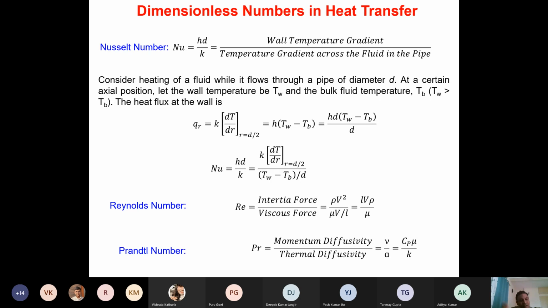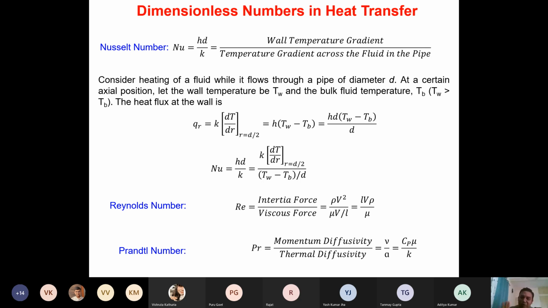If I'm looking at some other system, there probably I will get some different number. If I'm looking at, let's say, the flow of a liquid metal, heat transfer by a liquid metal, in that case I am interested in the Peclet number, isn't it? So different dimensionless numbers are important in heat transfer.